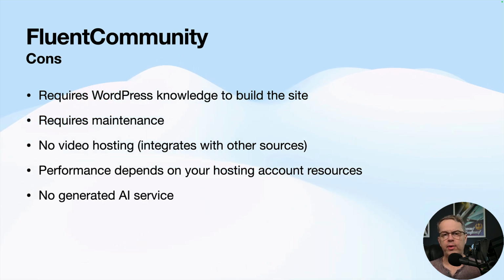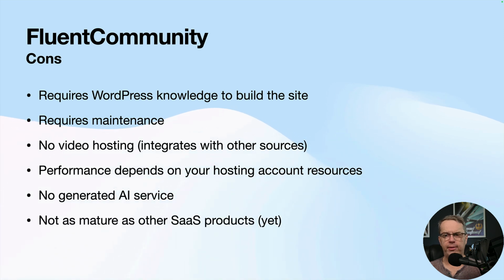There is no generative AI service. In other words, like the chatbot I talked about in the membership site, they don't have that here. But you know what? Neither do a lot of other places. There are plugins that may be able to do some AI service for you on WordPress, but it's not part of FluentCommunity, and it's not as mature yet as other software as a service products.